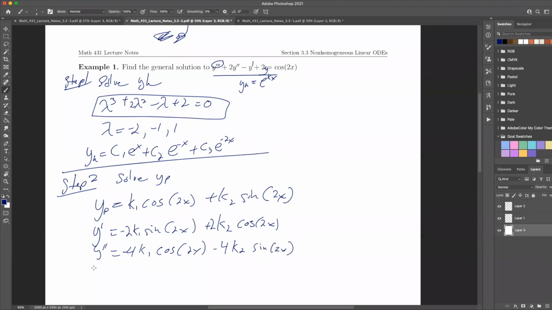And then we'll take its derivative one more time. Triple prime is 8k1 sine of 2x minus 8k2 cosine of 2x.